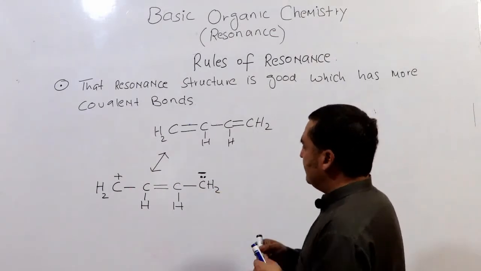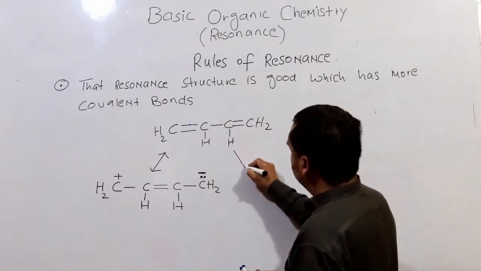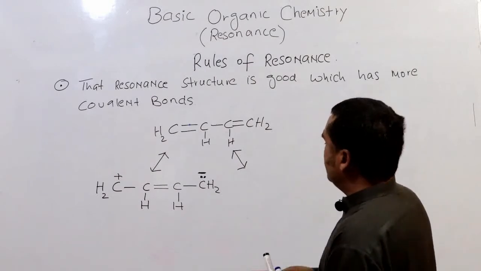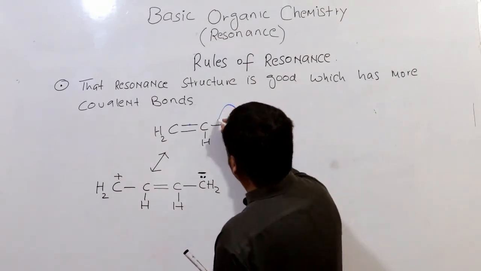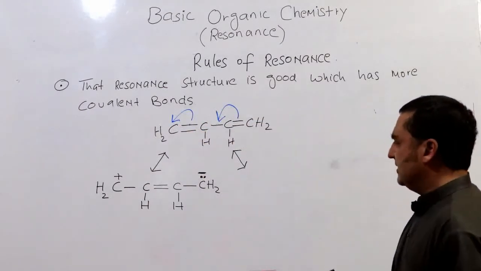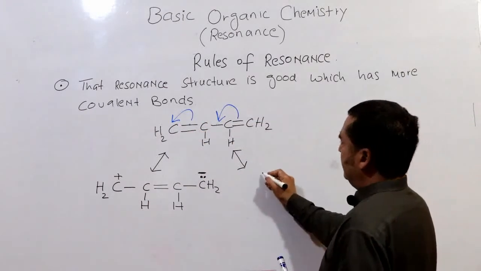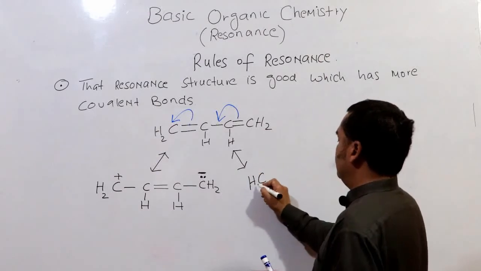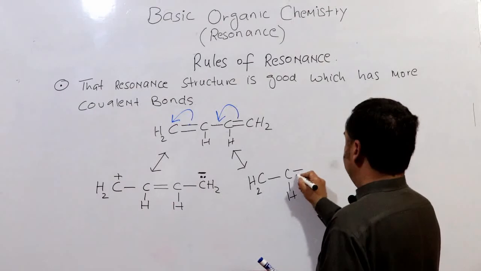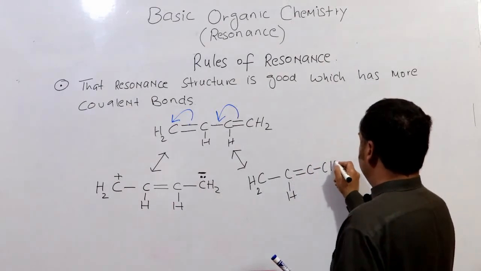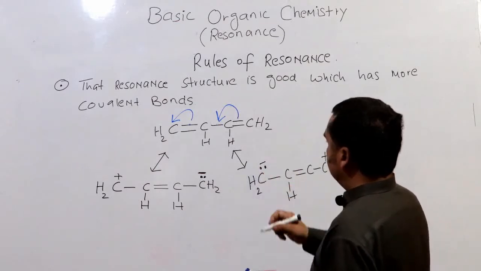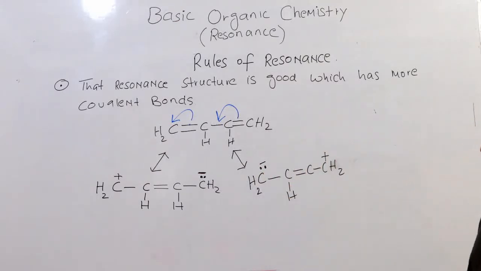So both are the same, but I should write it. Now this is another structure. The electrons move here and here. Now let us move a little bit faster. So the electrons move.